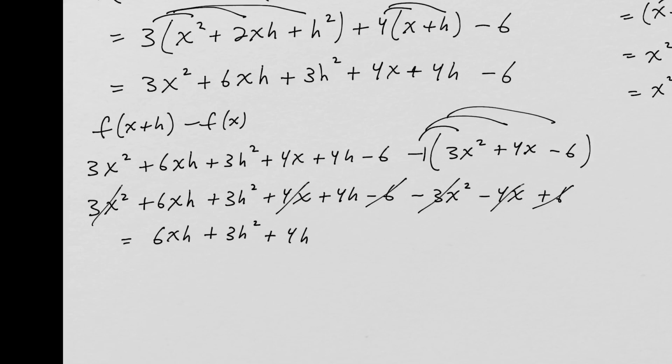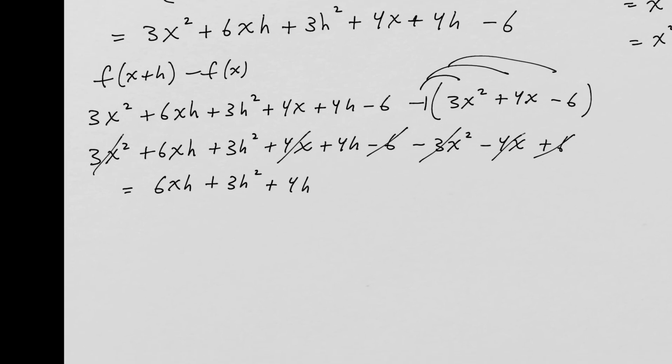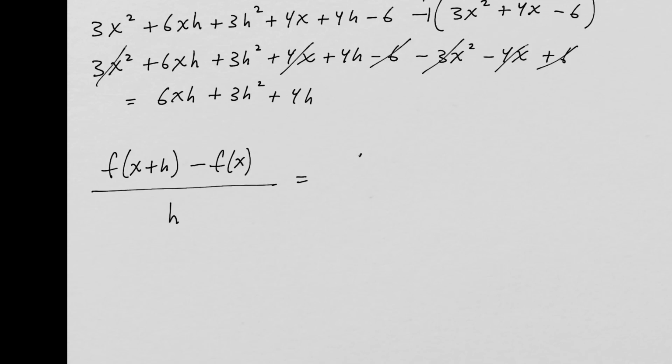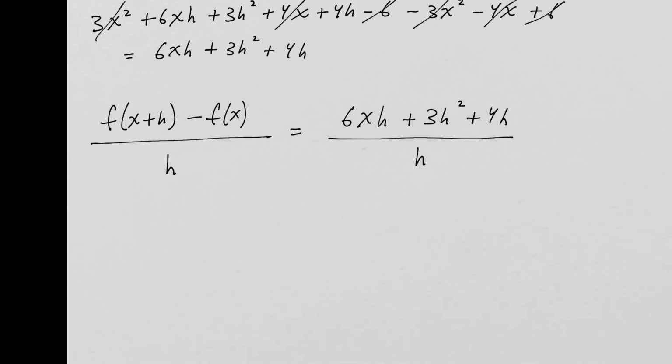Now I can actually form the entire difference quotient: f of x plus h minus f of x over h. The numerator is what I just found: 6xh plus 3h squared plus 4h, all over h. Then I can simplify a little bit because I can factor out h from that numerator.